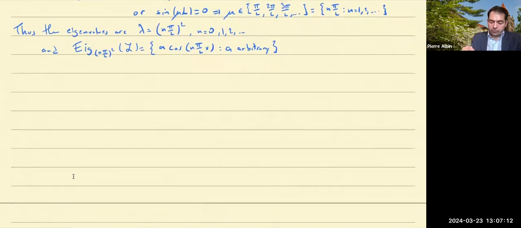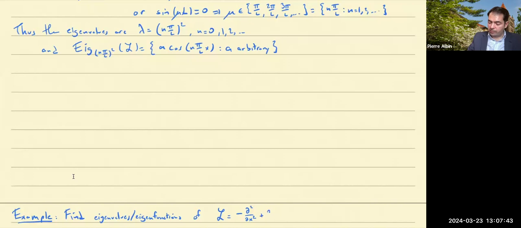Okay, let's do a slightly different example. Suppose we want to find eigenvalues and eigenfunctions of L, and let's take minus the second derivative.